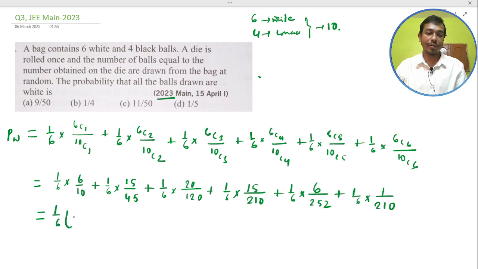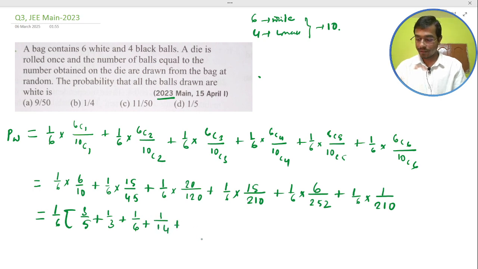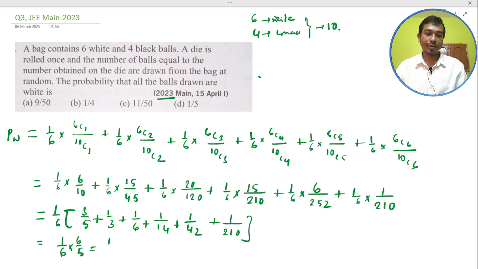So 1 by 6 would be common here. You would get 3 by 5 plus 1 by 3 plus 1 by 6 plus 1 by 14 plus 1 by 42 plus 1 by 210. So you would get 1 by 6 into 6 by 5. So the probability would become 1 by 5. That means D would be the correct answer.